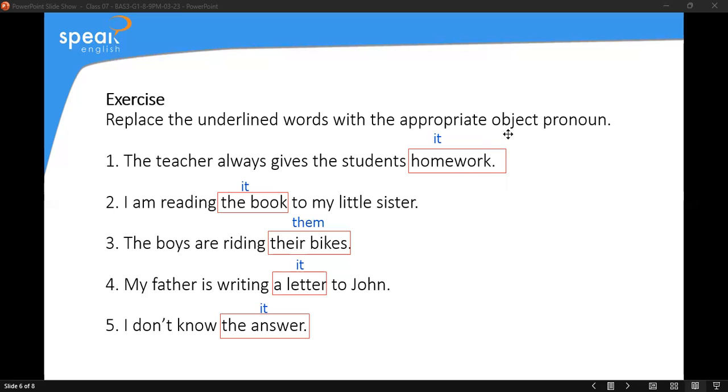Homework. Okay. Now, who receives the homework? The students. So the students receive the homework. So what is the object pronoun again for the students?